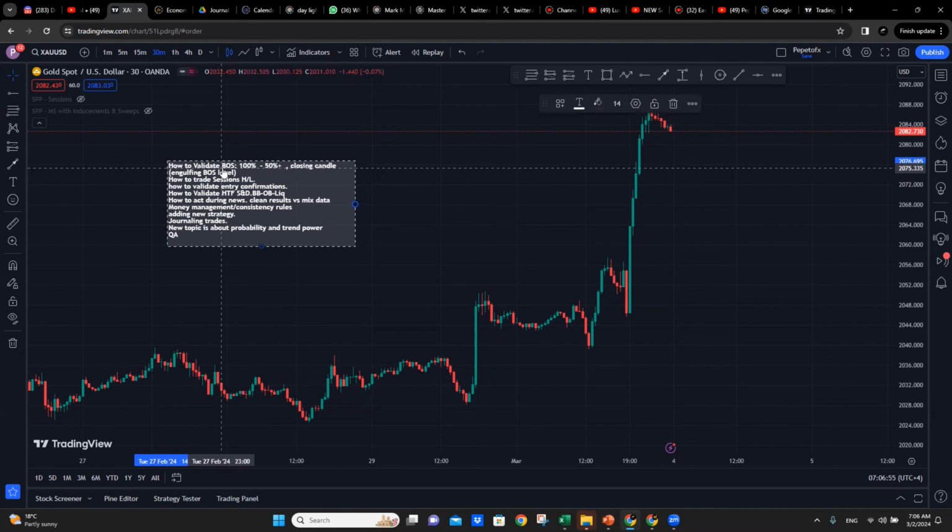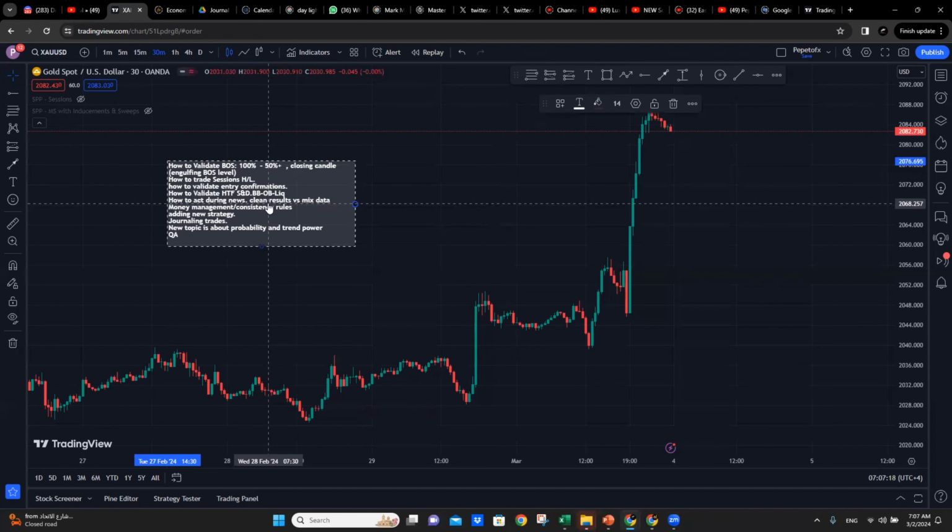Now, for looking at BOS and validating the break of structure, what we said and how to use it, how to trade the session high and low. How to validate the entry confirmation and how to validate the higher time frame S&D, breaker, OB, liquidity.